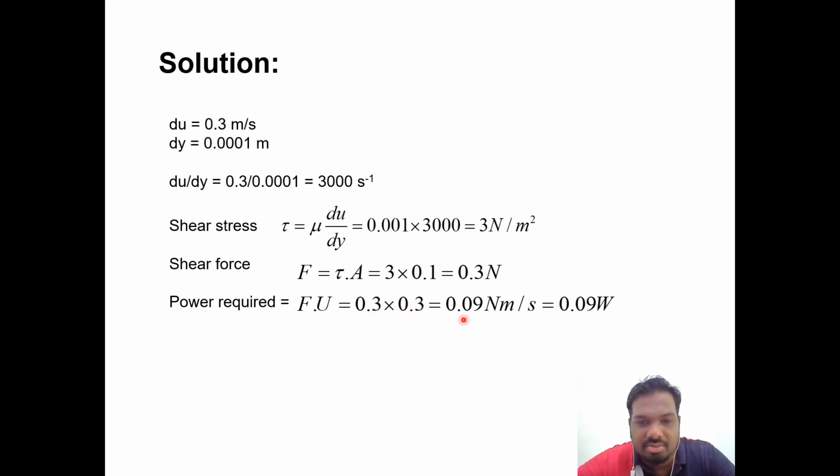So you get 0.09 Newton meter per second. This Newton meter per second for power is actually watt. So your power will always be measured in watt. You can just write 0.09 watt or 0.09 Newton meter per second.